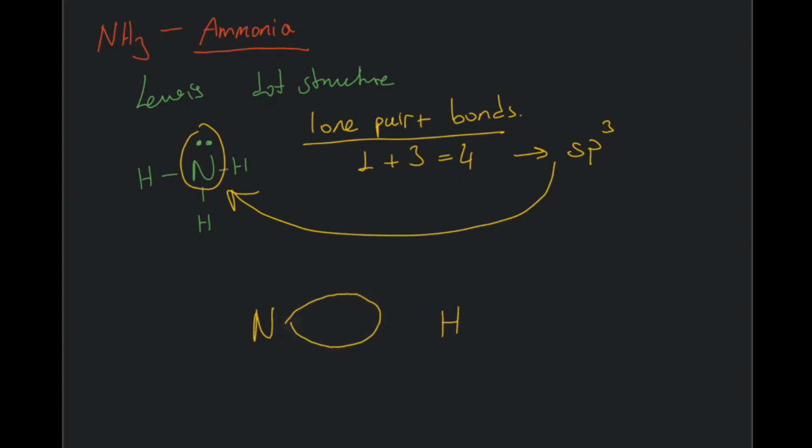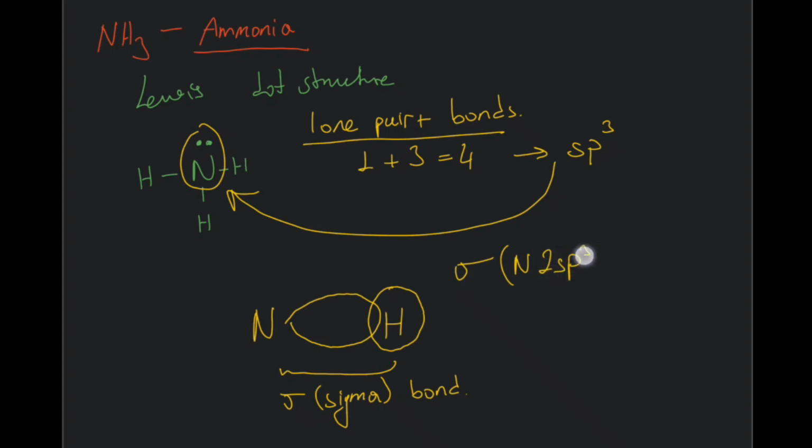This is the hybrid orbital, and this is the 1s orbital of the hydrogen, and they combine, overlap, and create a sigma bond. We can also show this sigma bond as nitrogen 2sp3, comma, hydrogen 1s. These are important for the exams.